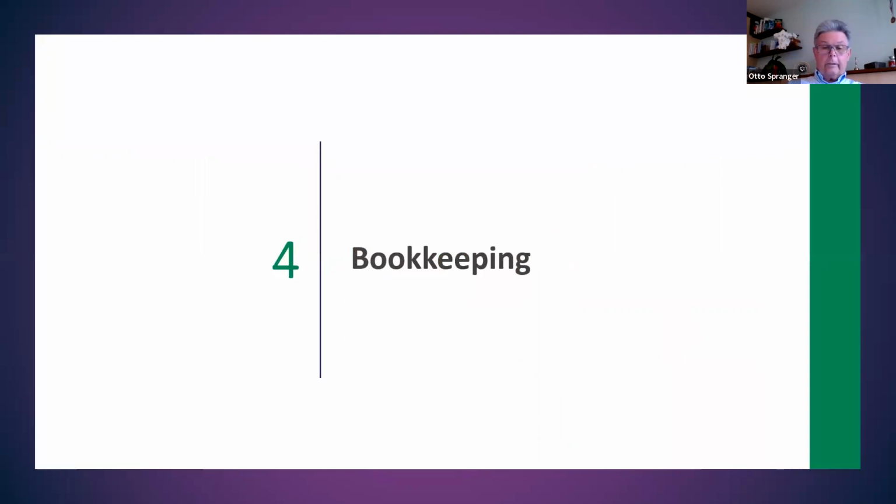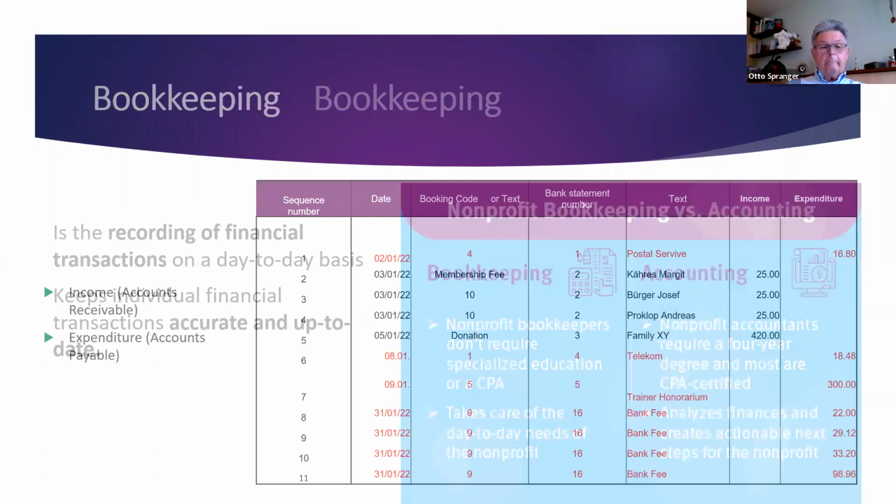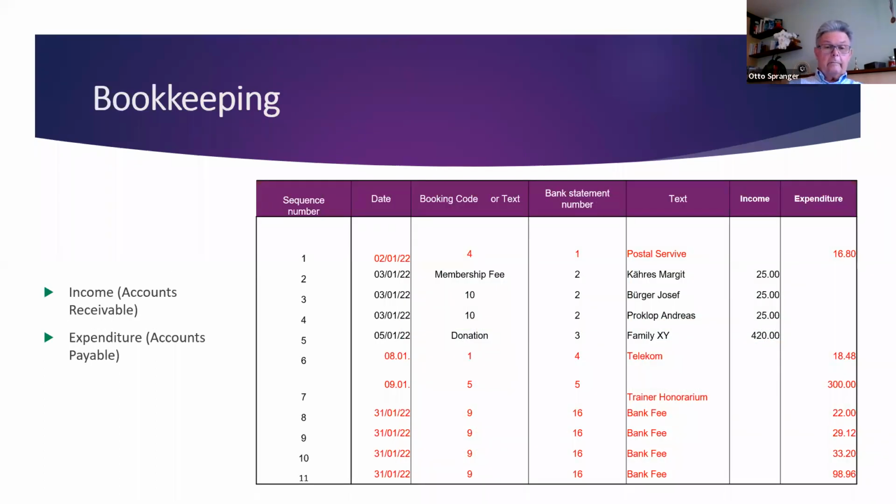Let's talk about bookkeeping. It's the recording of financial transactions on a day-to-day basis and keeps individual financial transactions accurate and up to date. So I want to make it more practical. You have income and expenditures.